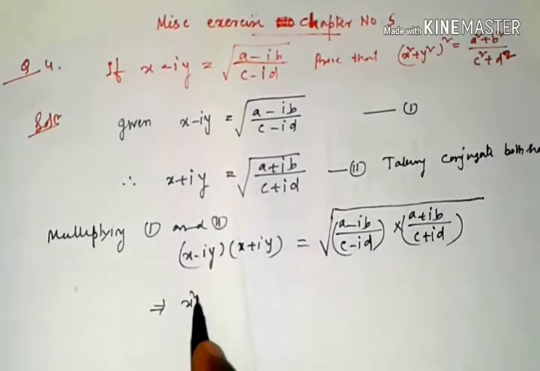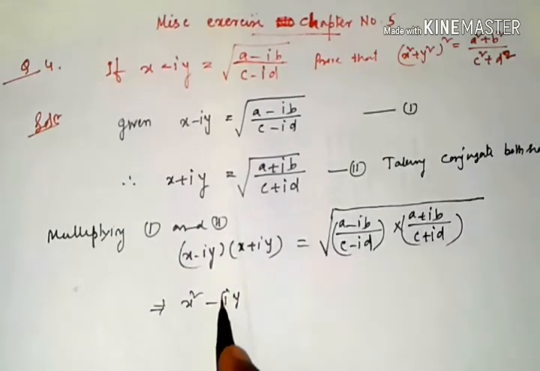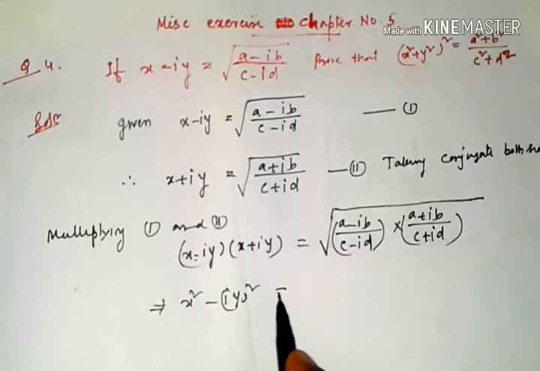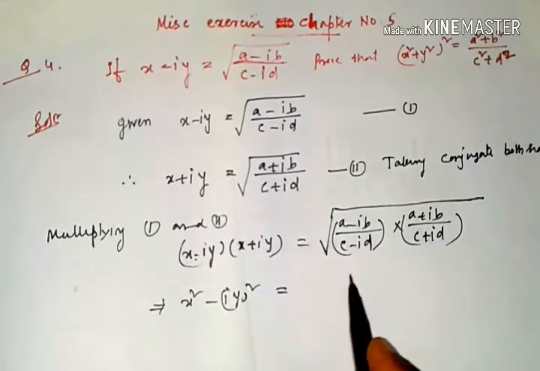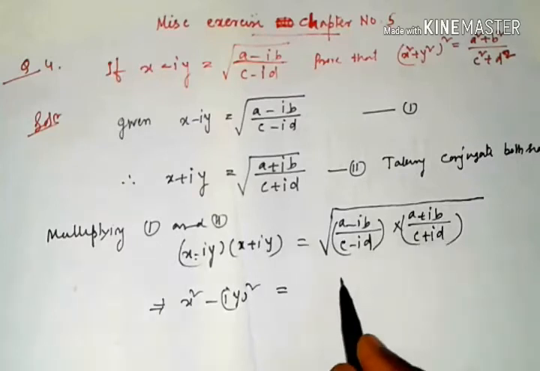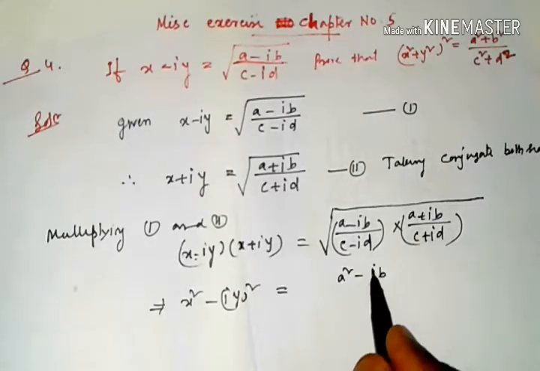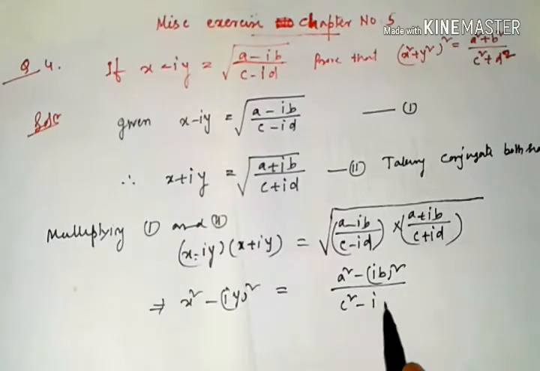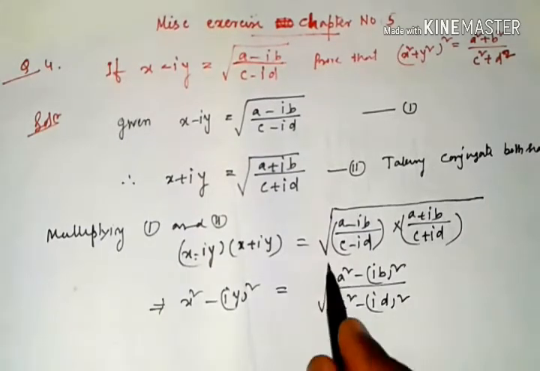This is x square minus y square, using the formula a plus b, a minus b, a square minus b square. Here also a plus ib, a minus ib, a square minus ib square, and c square minus id square also.